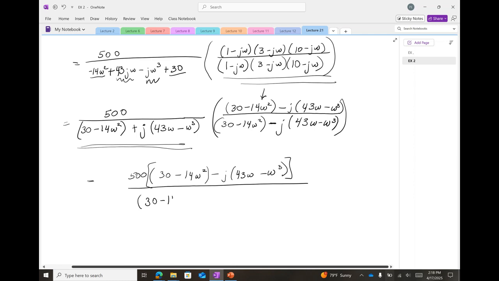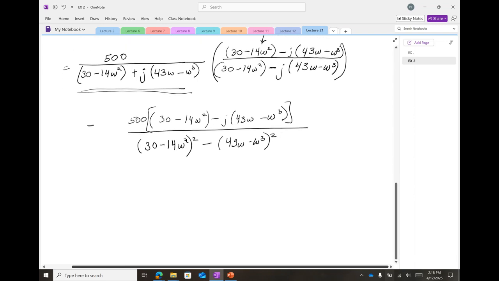So we're left with the real part squared minus the imaginary part squared. Okay, so this allows us now to separate the real part from the imaginary part.